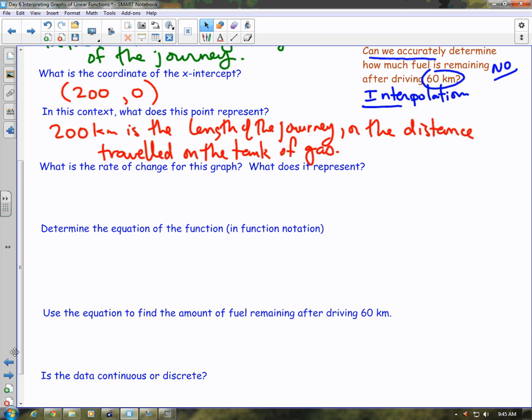Generically speaking, that function looks like this: y is equal to some number times x plus some other number. I'll put number again, but they're not the same numbers.